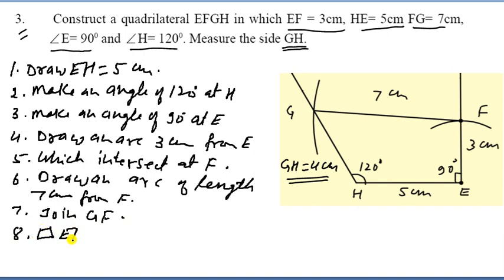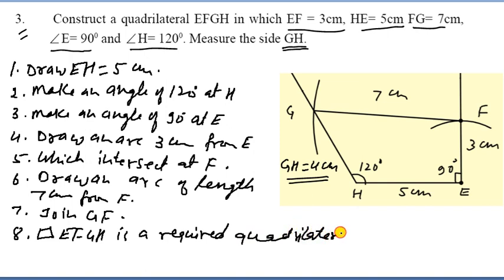So quadrilateral EFGH is the required quadrilateral. And in it the side GH is equal to how much? GH is equal to 4 centimeters. So that is the answer you have to write.